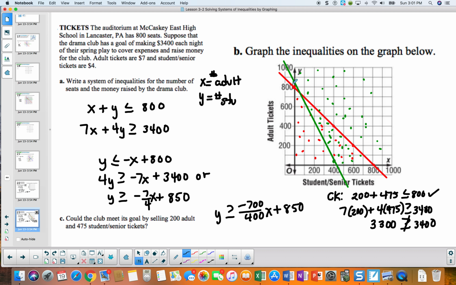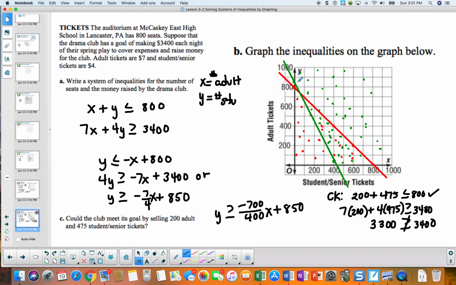So here's the first one. Here's at 800, and I go down 200 and I go over 200 because that'll make a -1. And so that red one is the number of people. I cannot get more people into that auditorium. Okay, the green one is going to be actually the money right here.